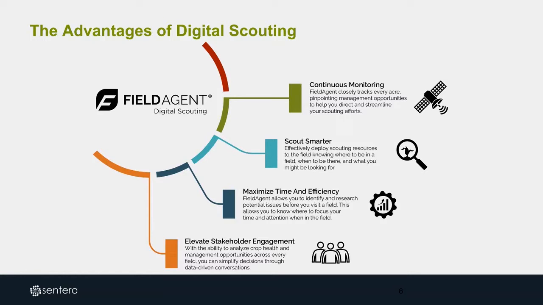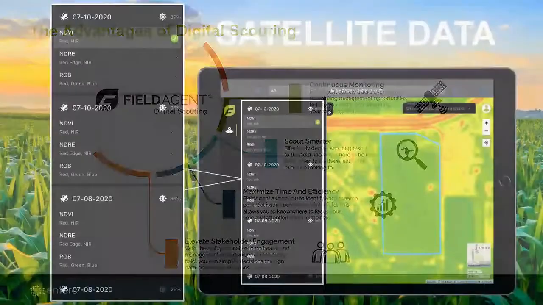So if I'm an agronomist, a seed salesman, or an equipment dealer, understanding that my customer is getting the best benefit from the services that I'm providing gives them a better experience, holds my name in a higher regard, and makes that field perform more profitably for all parties involved.